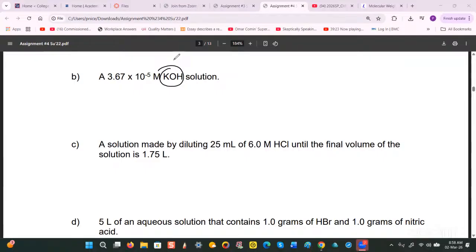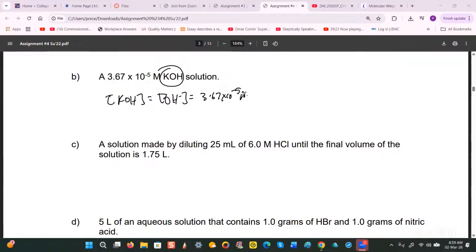So like potassium hydroxide, sodium hydroxide, lithium hydroxide, calcium hydroxide, magnesium hydroxide, all of those are strong bases, right? So in this case, potassium hydroxide is a strong base. So we know that the concentration of KOH is equal to the concentration of OH minus because it's a strong base. So that will be equal to 3.67 times 10 to the minus 5 M.